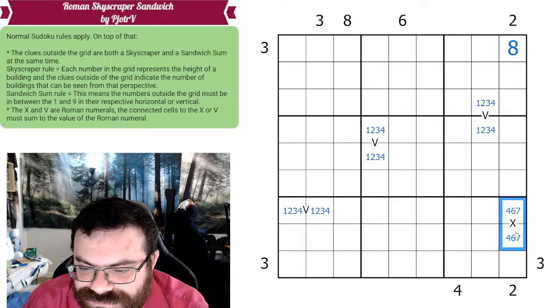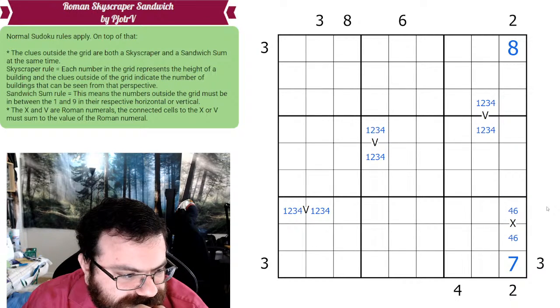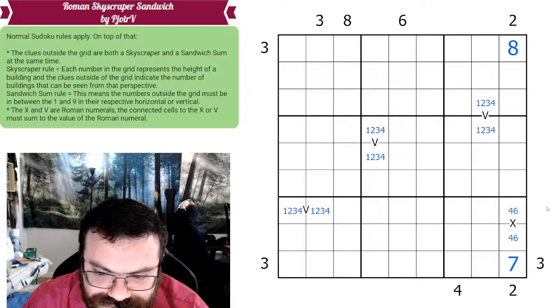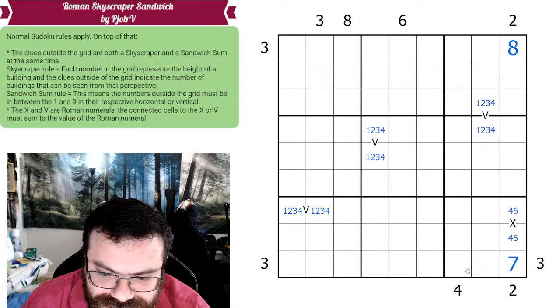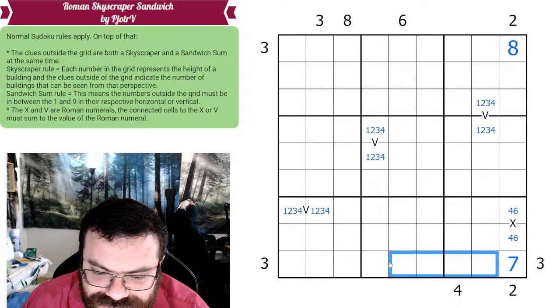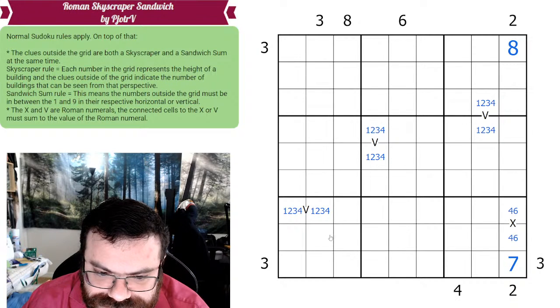So it has to be 4, 6, so I can put a 7 and hide the 6 on the X. I think that's all correct. I don't think we can do more in this column, though. So I'm going to have an 8 before the 9 here.